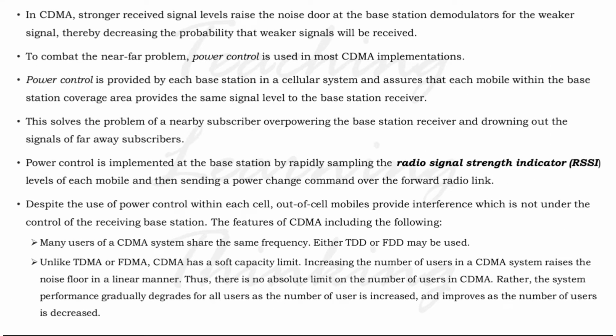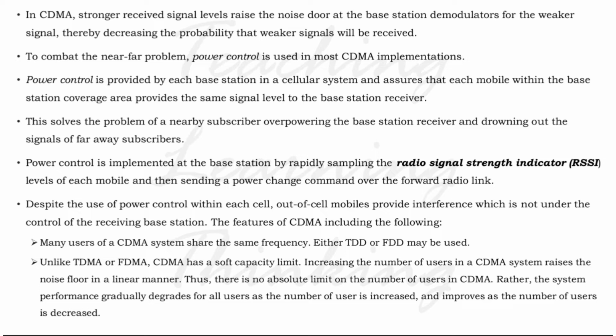In CDMA, a stronger received signal level raises the noise floor at the base station demodulator for the weaker signal, thereby decreasing the probability that the weaker signal will be received. To combat the near-far problem, power control is used in CDMA implementation.